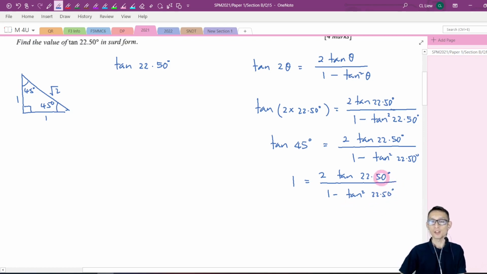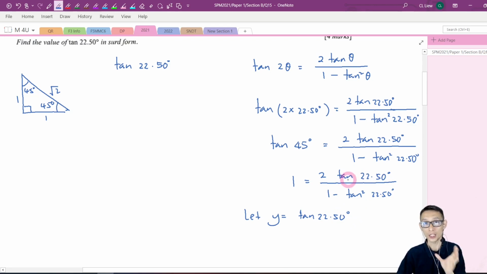Now this looks complicated, right? So what I'm going to do next is let y be tangent 22.5 degrees. Whenever I see tangent 22.5 degrees, I'm going to change it to y.